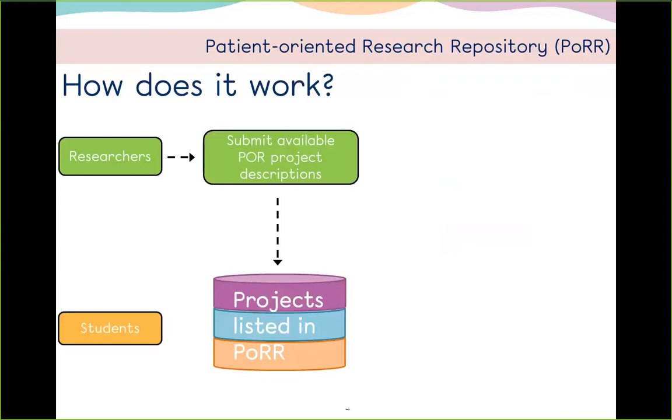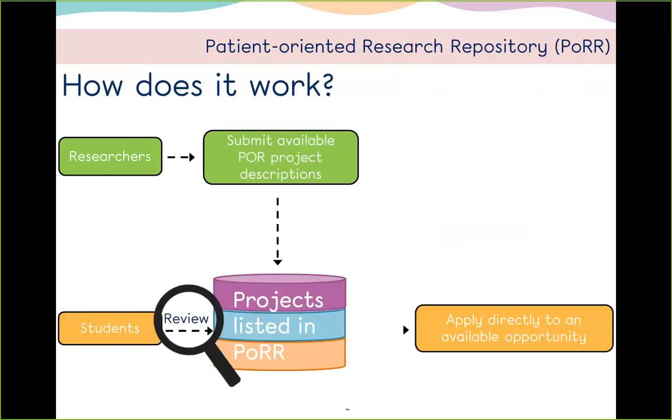On the flip side, we would have students who would review those submissions, and if they are of interest to the student within their field of expertise or their research interests, we'll connect that student with that particular project and have them relay any additional details that the project investigator had requested, such as a CV or a resume or some other survey that might be preferred.